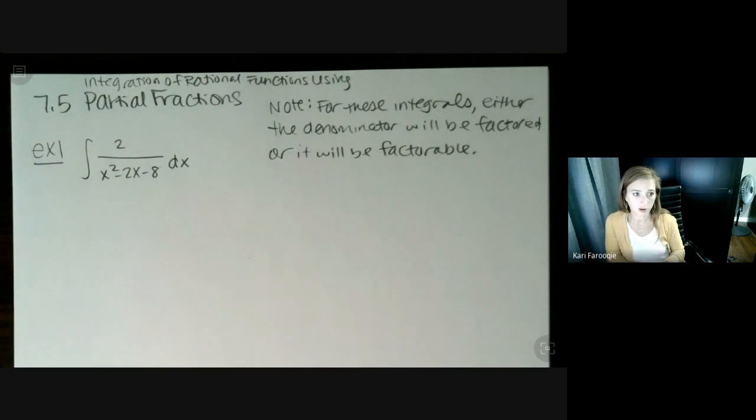That's usually how you're going to recognize partial fractions. Partial fractions, at least for using this method, that's probably going to be the easiest type of integral from chapter 7 for you to recognize.